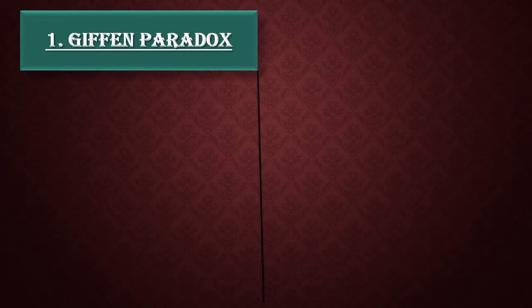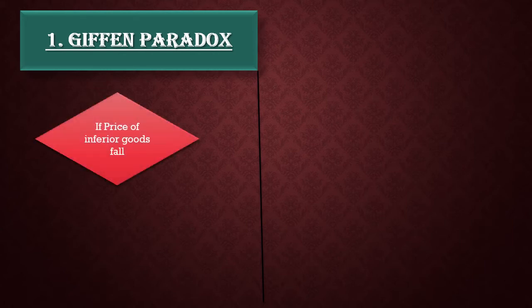So the first point, which is the exception in the law of demand, is Giffen paradox. If the price of inferior goods falls, inferior goods means, I mean, the quality of these types of goods is low. And if the price of that low quality goods falls, then the demand will also fall.